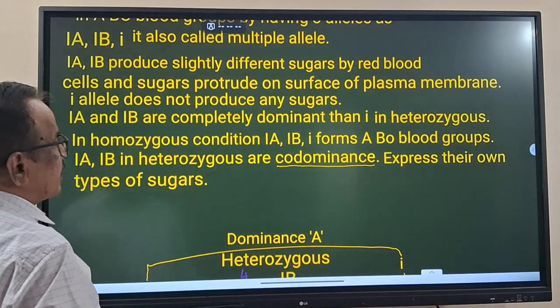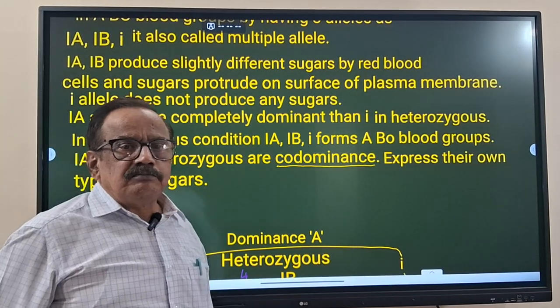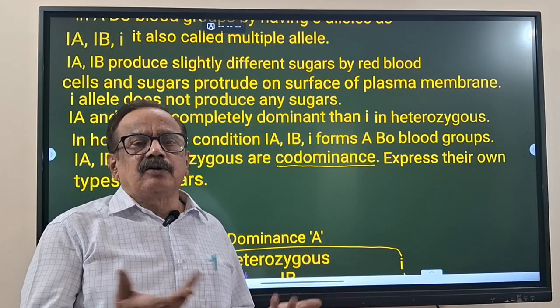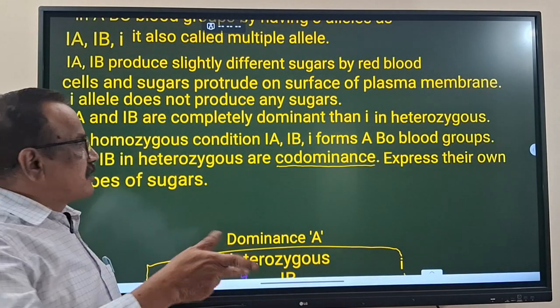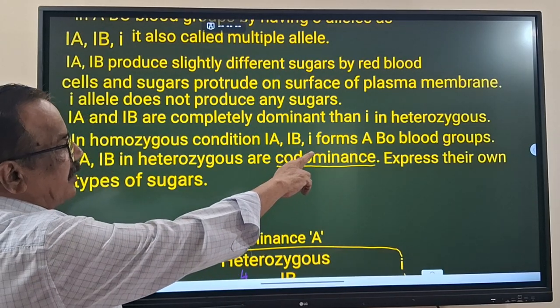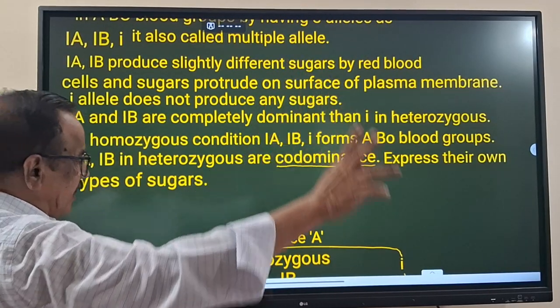In the homozygous condition, ii forms the O group. If it is A with A, it will be homozygous, and the A group it will be. That I will show in the chart, I will discuss that also. A and B blood groups: A and B in the heterozygous condition are codominant.